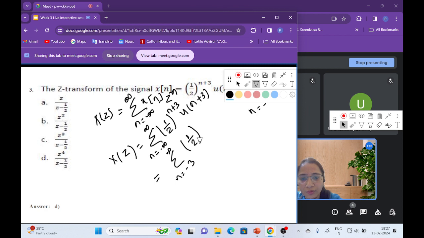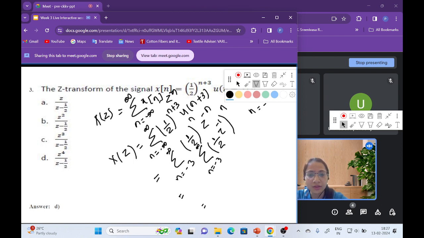1 by 2 to the power n z to the power minus n. So what will be the value of 1 by 2 z inverse, taking n out, from n equal to minus 3 to infinity? What will be the representation of the z transform of this?